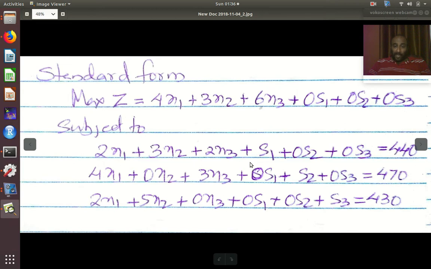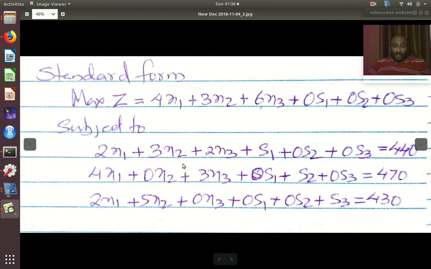Because we have three inequalities, we introduced S1 here, S2 here and S3 here, and these inequalities changed to equalities. These S1, S2, S3 are called slack variables, which we have dealt with earlier. Max z equal to 4x1 plus 3x2 plus 6x3 was the original equation. We introduced three slack variables, but their coefficients are 0.